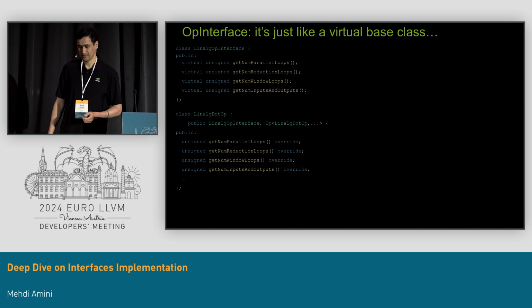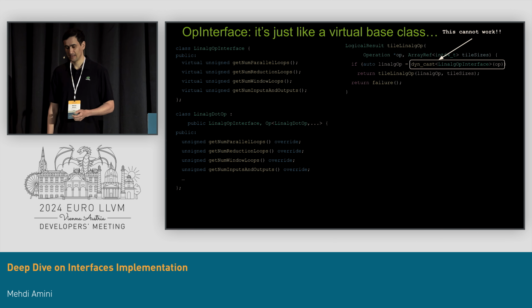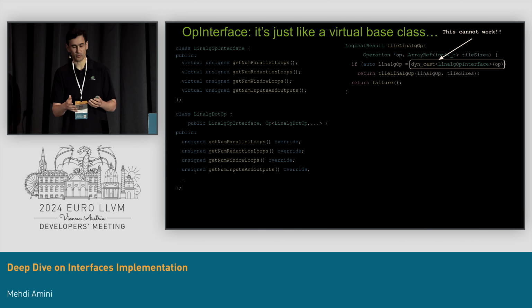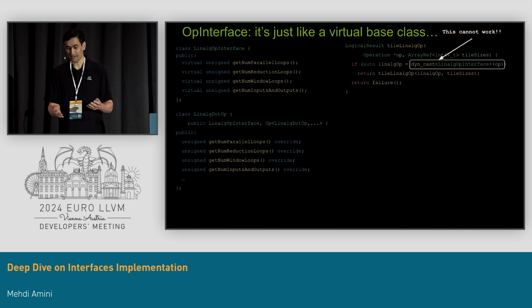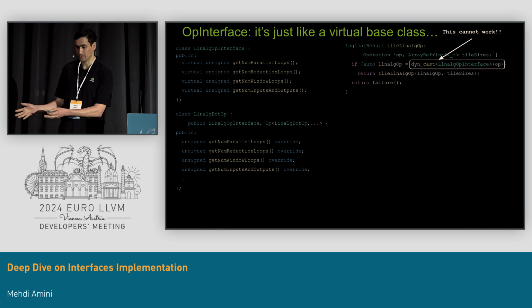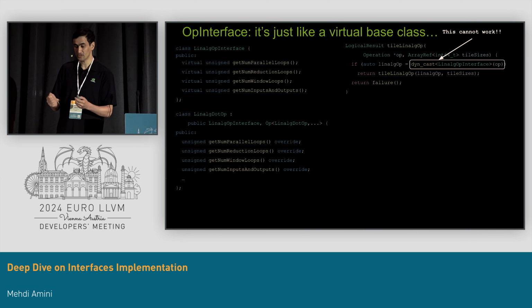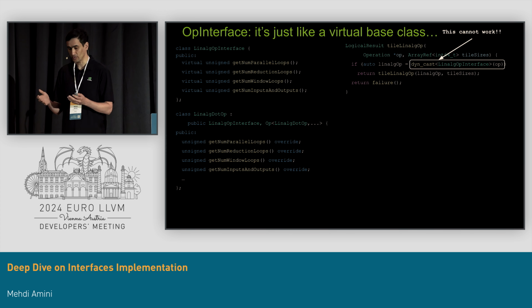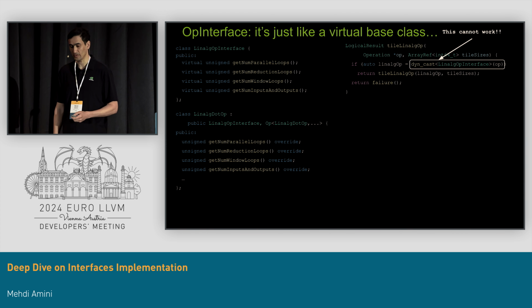And the problem is that when you want to have polymorphism, you start from an opaque operation pointer. And polymorphism in C++ requires you to have an instance of the derived class. And here we don't have an instance of the concrete op. What we have is the opaque operation pointer that we're trying to cast to the interface. So that cannot work. There's never an actual instance of the derived class to get the virtual table here.